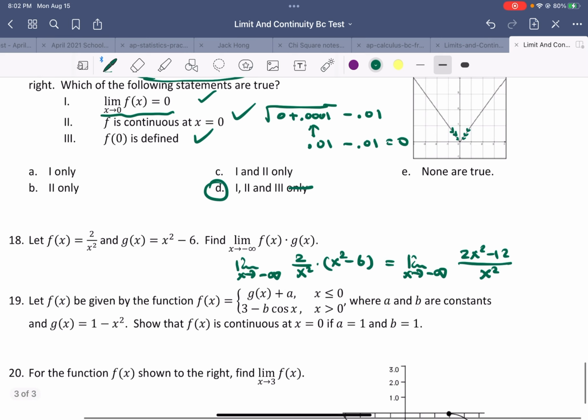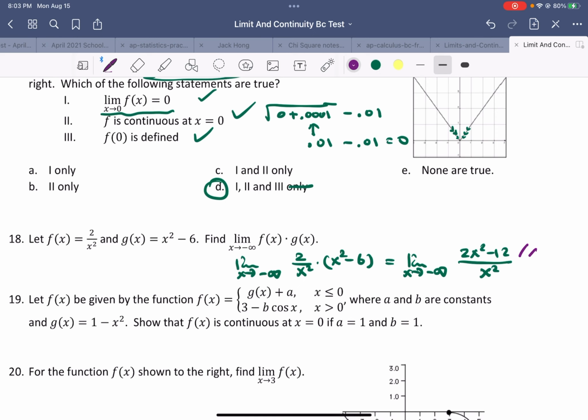Since x approaches infinity, when you divide by x squared top and bottom, you get 2 minus 12 over x squared over 1. Anything with x in the denominator will be 0 because x approaches infinity. So your final answer will be 2.